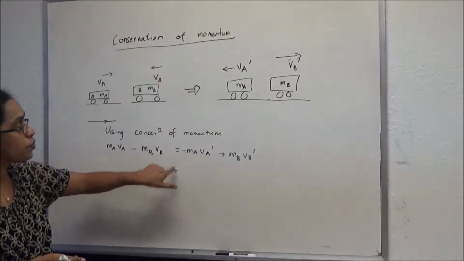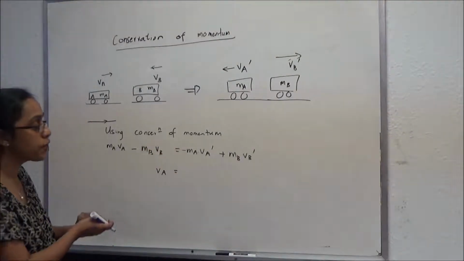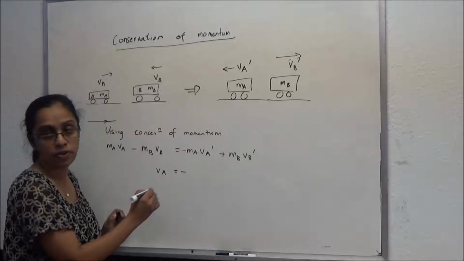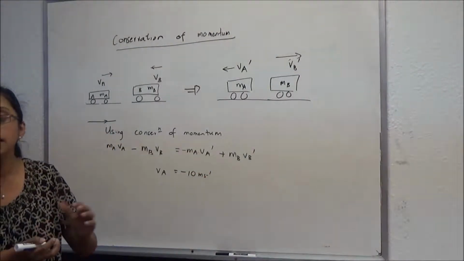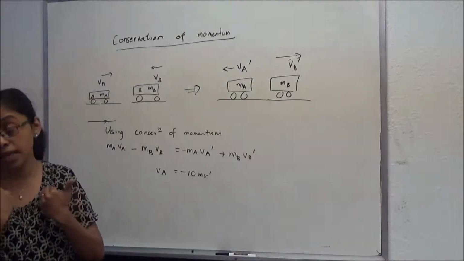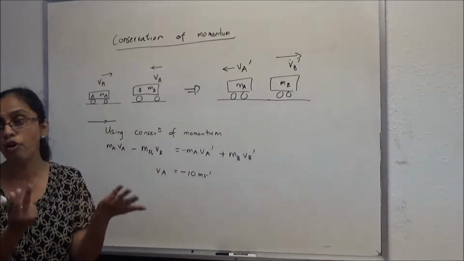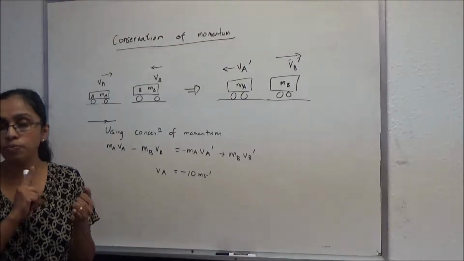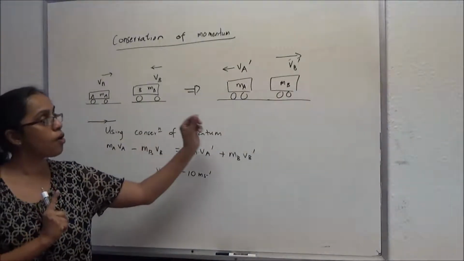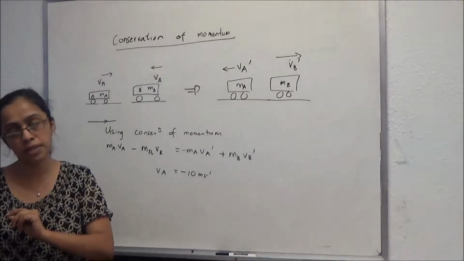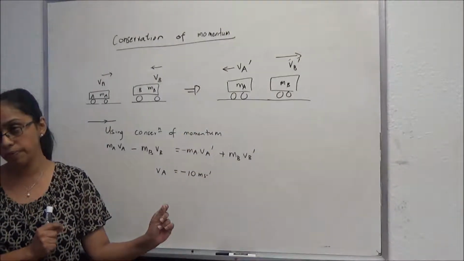But even if you wrote it like that, and if you get a negative numerical value like negative 10, what does that mean? That it is not moving backwards as we thought, but it is moving forward. So please be careful when you use the signs. Even if you draw the wrong direction, ultimately you will find the correct answer.